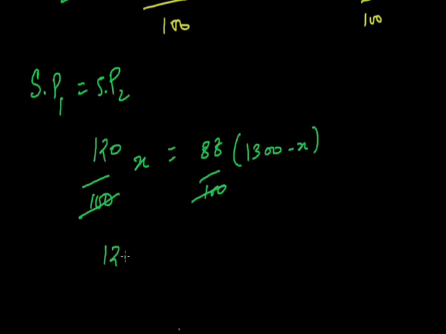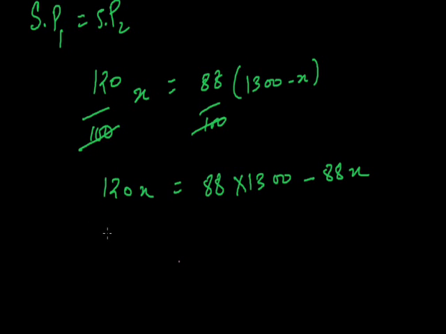It will be 120X equals 88 into 1300 minus 88X. We can cancel the whole equation by 8, and so the equation will be 15X equals 11 into 1300 minus 11X.